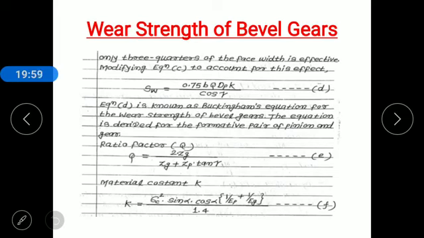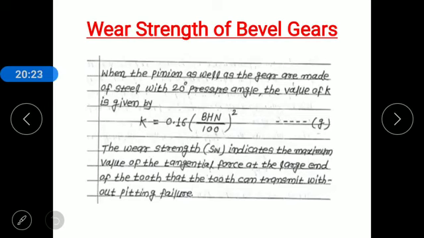Material constant K is equal to sigma c square, that is the surface endurance stress, sigma c square into sin alpha cos alpha into bracket 1 divided by Young's modulus of pinion plus 1 divided by Young's modulus of gear, bracket complete, whole divided by 1.4. That is considered equation F. Now when the pinion as well as the gear are made of steel with a 20-degree pressure angle, we know the relation for material constant K is equal to 0.16 into (BHN divided by 100) whole square.